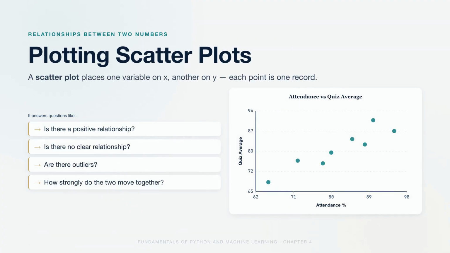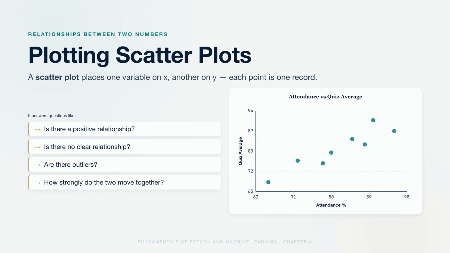The next chart type is a scatter plot. A scatter plot shows the relationship between two numerical variables. Each point on the chart represents one record. For example, we may plot attendance percentage on the x-axis and quiz average on the y-axis. Each point should represent one student. Scatter plots are especially important in data analysis and machine learning because they help us explore relationships.